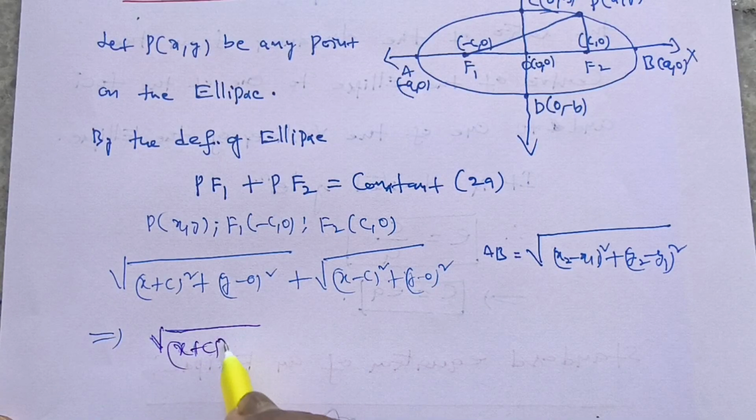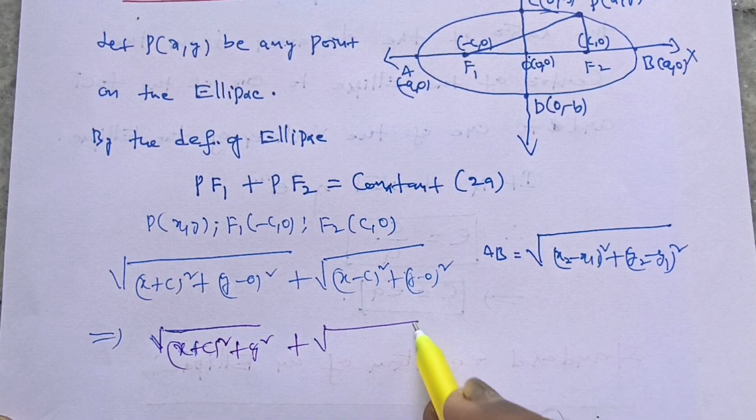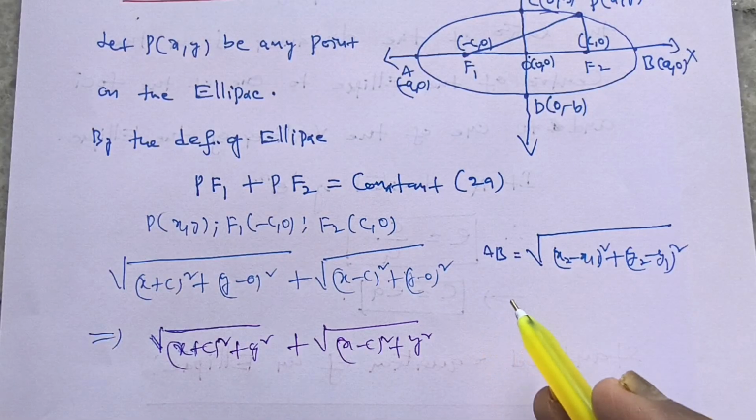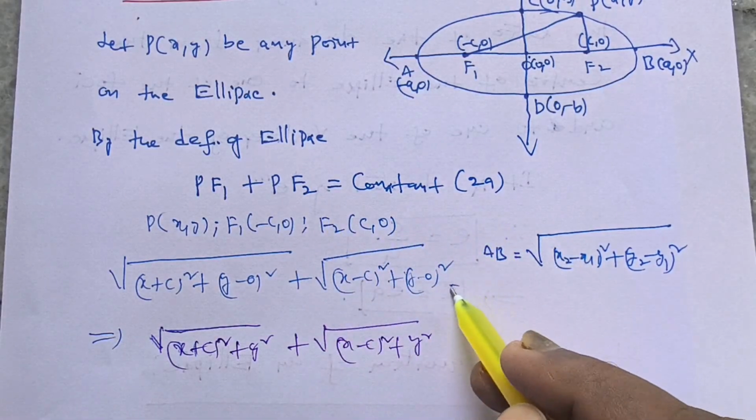That is, the square root of (x plus c) whole square plus y square, plus the square root of (x minus c) whole square plus y square, is equal to some constant, that is 2a.